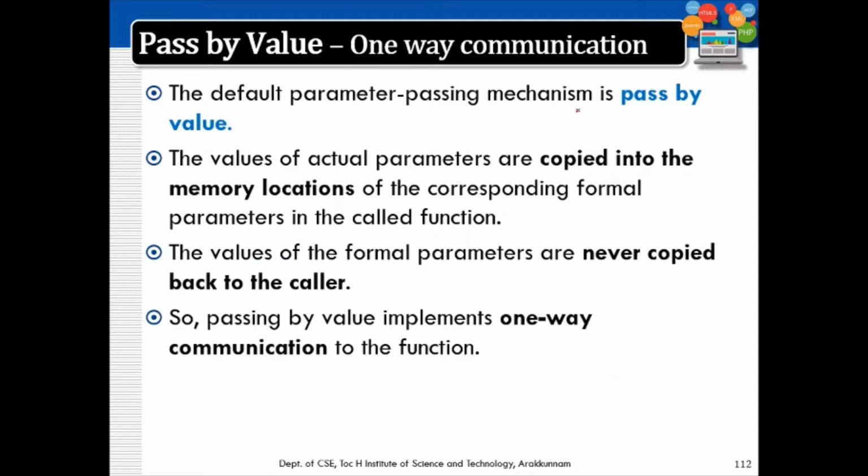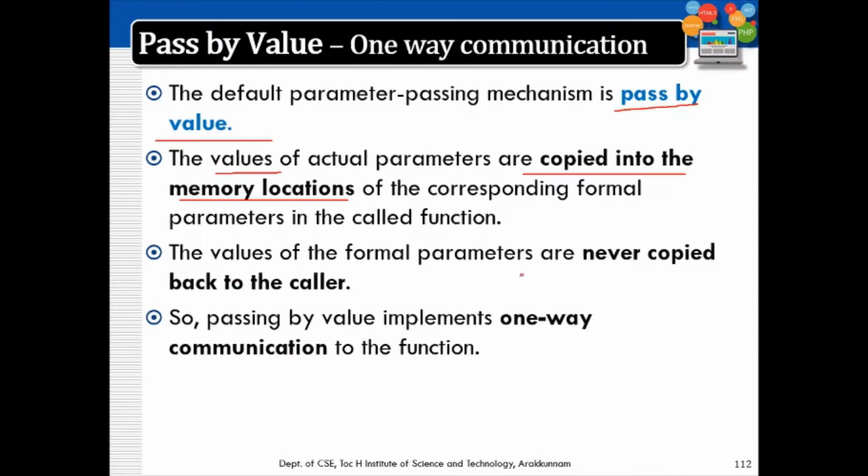By default, we have also already learned the pass by value and pass by reference mechanisms. Pass by value is directly passing the value to the function. Pass by reference is passing the address of the value, so that the changes will be made directly at the variable location itself. In pass by value, the direct values are passed to the function call and copied to the memory locations of the corresponding formal parameters.